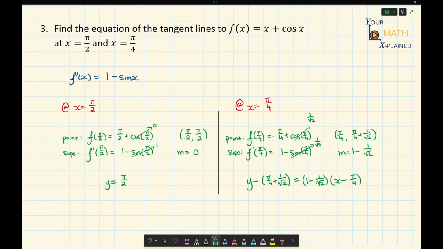And you can just leave your answer like this. There's no need to expand it out. So therefore, we have the equation of the two tangent lines. At pi over 2, the tangent line is y is equal to pi over 2. And then at pi over 4, the equation of the tangent line is this one right over here.